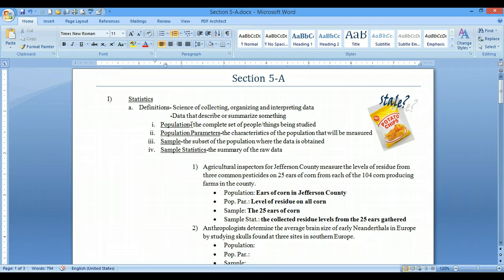The study is in Jefferson County, so it will be all of the ears in Jefferson County and not beyond. The population parameter is the levels of residue on all of the corn, and the sample will be the 25 ears that they collect. The sample statistic is the collected residue levels from the 25 ears gathered.